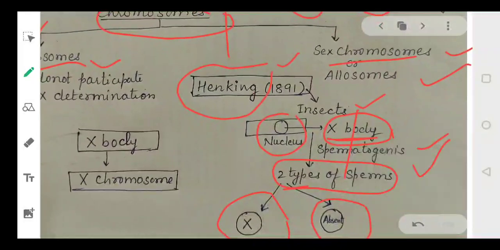So there are two types of sperms which are produced in case of insects. 50% of them have the X body and 50% of them do not have the X body. Now this X body, which was named by Henking, is now known as the X chromosome.